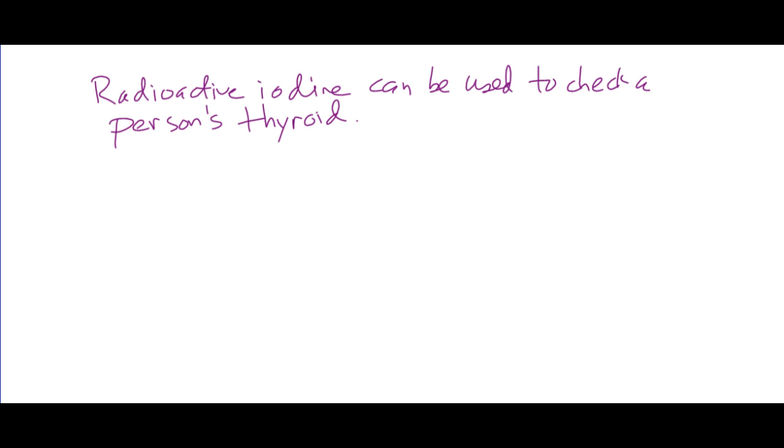So if doctors want to check whether this thing is working normally or there's a problem, they can inject you with some radioactive iodine. Sounds like a good thing to do. They can measure the rate of uptake of a healthy thyroid gland. It's okay, they use a form that won't damage you too much.